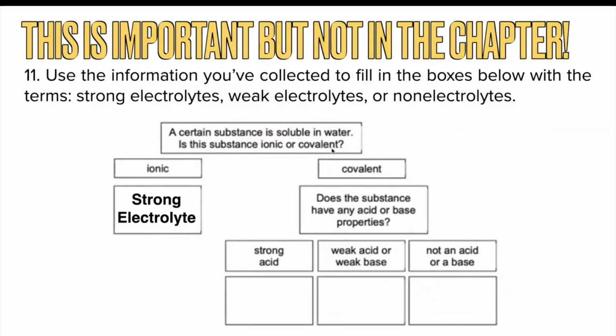Next, what if it's covalent? Then we have to ask ourselves, does it have acid or basic properties? If the answer is yes, we have to ask ourselves, is it strong, weak, or not an acid or a base? Is it a strong acid? If the answer is yes, it's a strong electrolyte. Now you might ask, why doesn't it say strong bases?